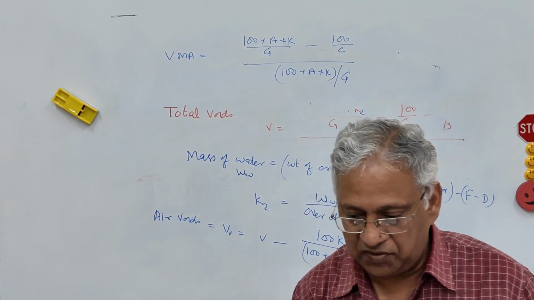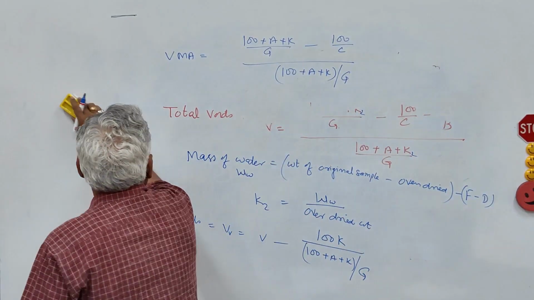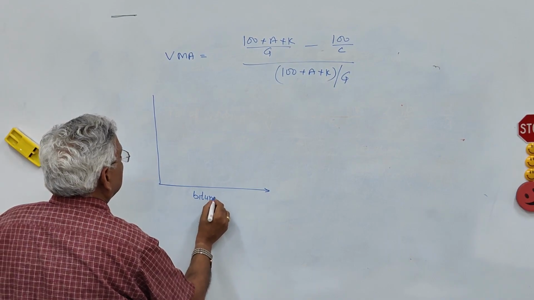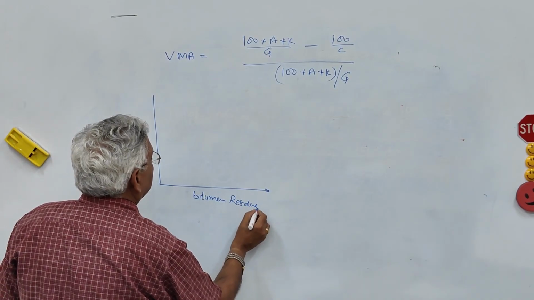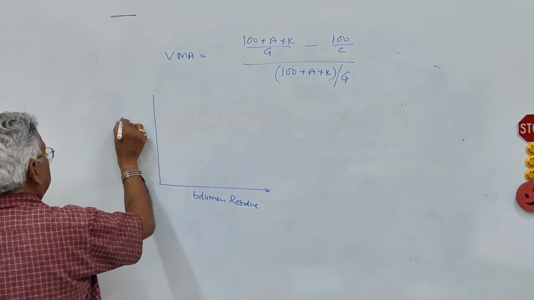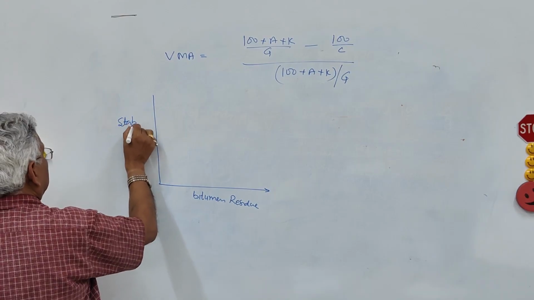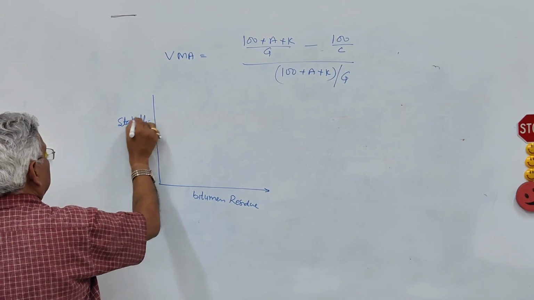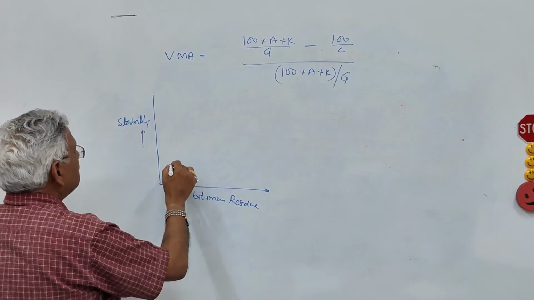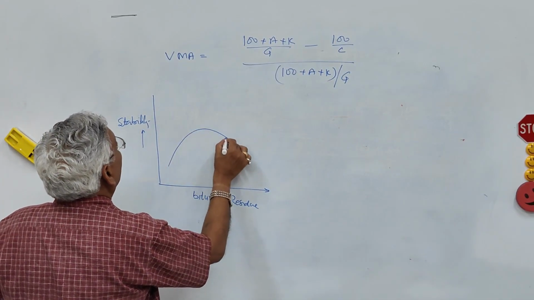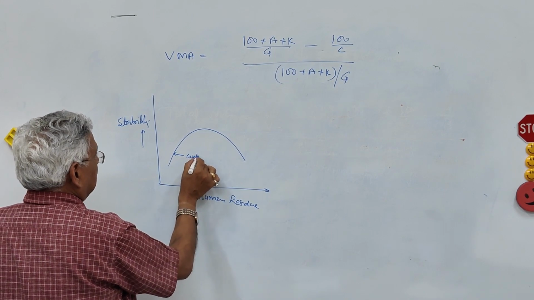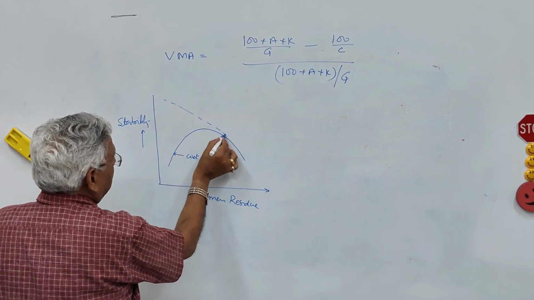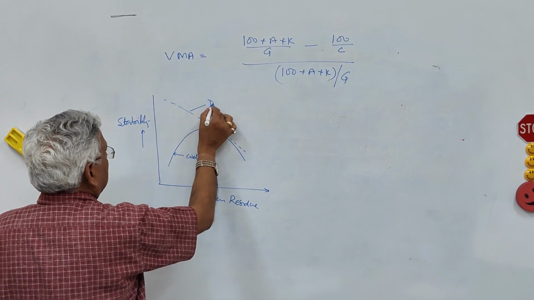Normally 3 plots are sufficient. In this case, residue content on one axis, and this is stability. This will be like this for wet stability, and maybe like this for dry stability.